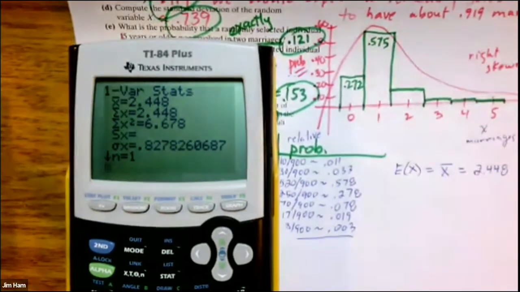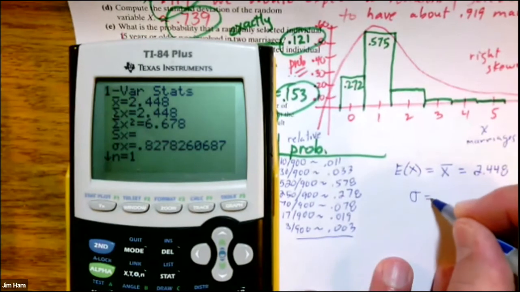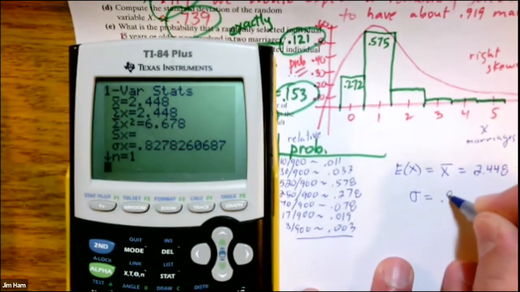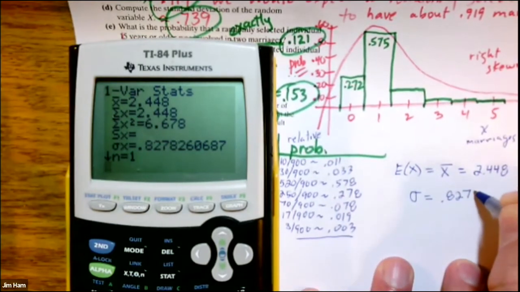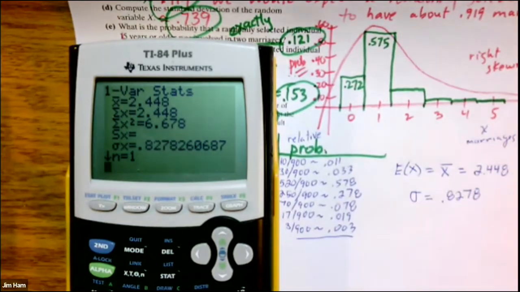So we would expect, on average, that if we randomly selected a person, they would say that the ideal number of children to have would be 2.448 children. And the standard deviation is 0.8278, we'll call it. Those are the two numbers you're most likely to be asked to calculate.